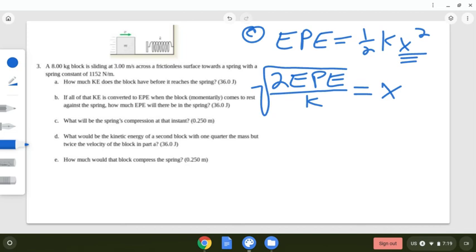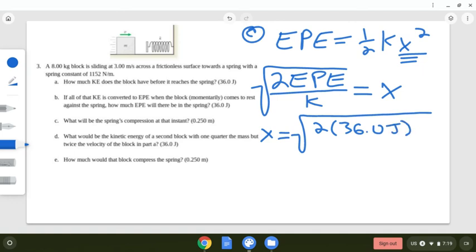So if we plug in our numbers, that should get us to the answer. So what we would have is x is equal to the square root of 2 times, remember we just figured out what EPE is equal to. It's 36 joules. All of this divided by k, and k is our spring constant.